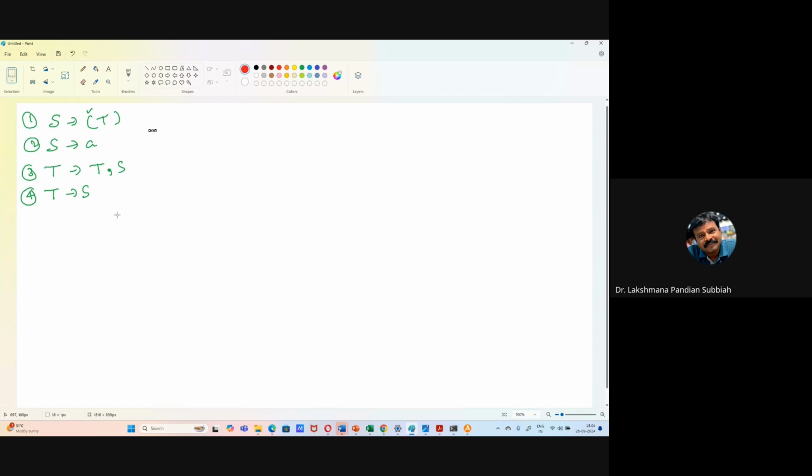Here we have stack, input, and then action, like a table to show that. So we have three columns in the table.